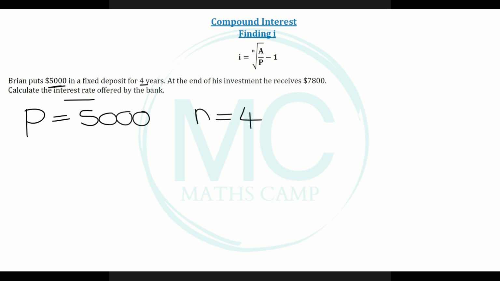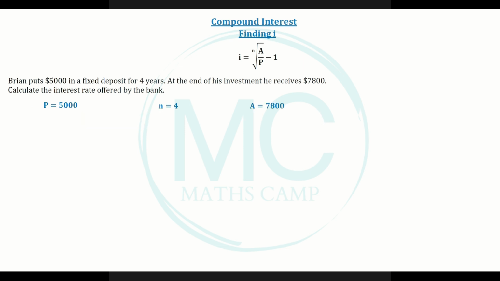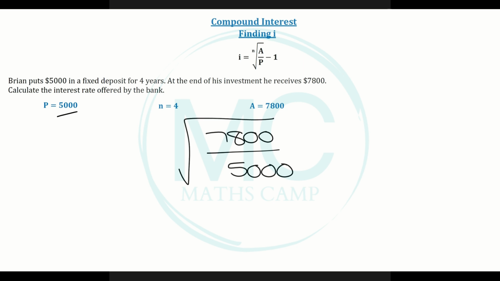At the end of his investment, he has $7,800. It is our accumulated amount. So A is equal to 7,800. Now that we have these values, we can put them into the formula. We have A, 7,800 over P, 5,000, under a root, n is 4, minus 1.